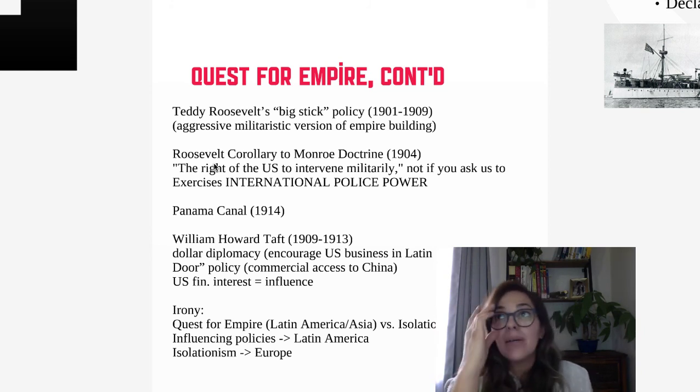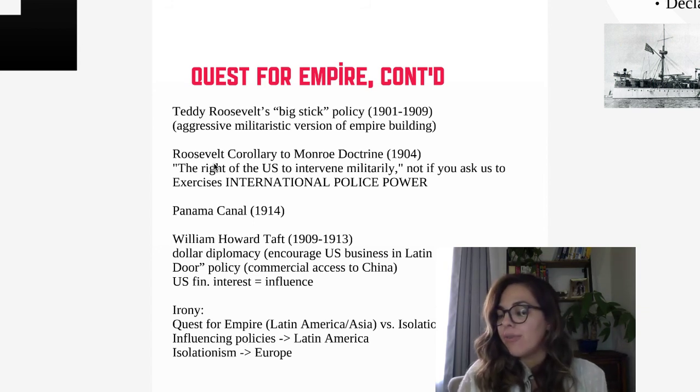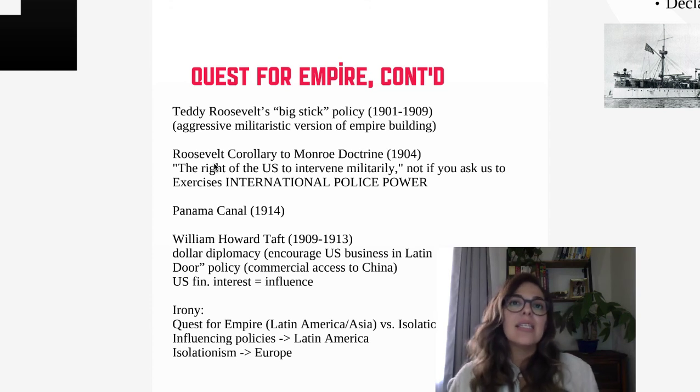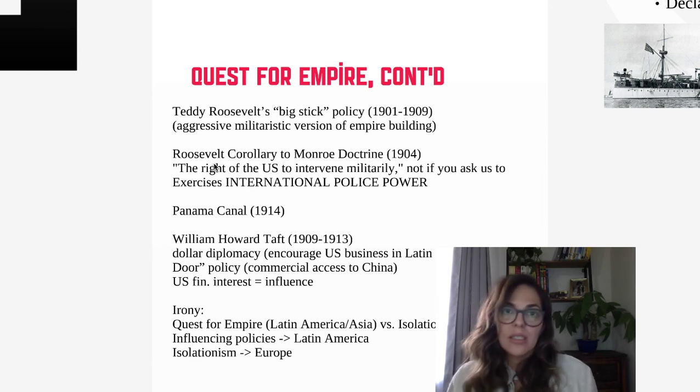So, was it a good deal? Bad deal? Well, it all depends on how you see the purpose of what the U.S. is trying to achieve, the ways that they go about it, and did they achieve what they set out to do? In this case, the Panama Canal is a means to an end.